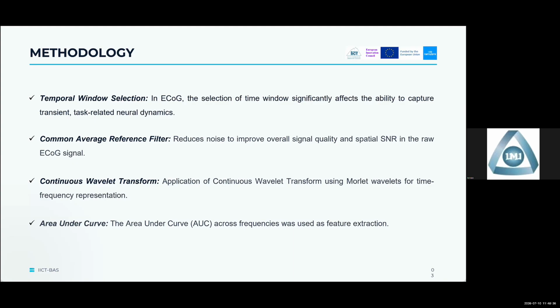The common average reference filter is employed for filtering the raw electrocorticographic signal. For time-frequency representation, the continuous wavelet transform was used. Finally, the area under curve approach, which reduces features after the continuous wavelet transform, is employed.